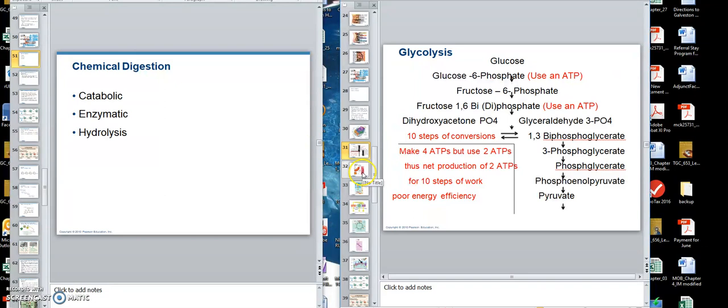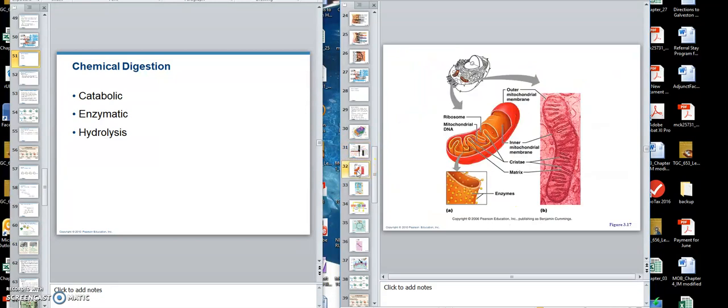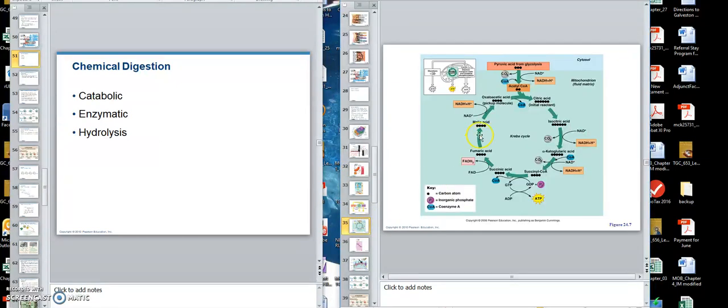Okay? Now, once you do this, which is in the cytoplasm, then pyruvate, if oxygen is available, you hear my word, if oxygen is available, can enter into the mitochondria. And in the mitochondria, you do the Krebs cycle. Now, this cycle will give you 32 ATPs.